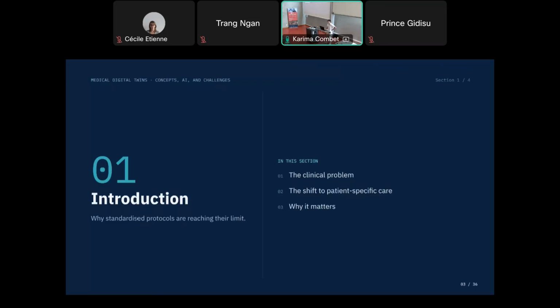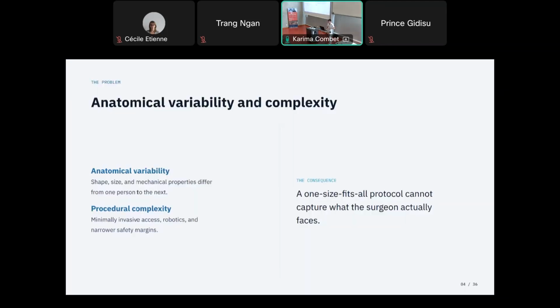The first section is the problem, and I will try to explain what the problem is. In surgery and medicine more broadly, we have a lot of standardized protocols. These procedures are designed around a kind of textbook patient. And in this world, a patient is linked to a procedure.